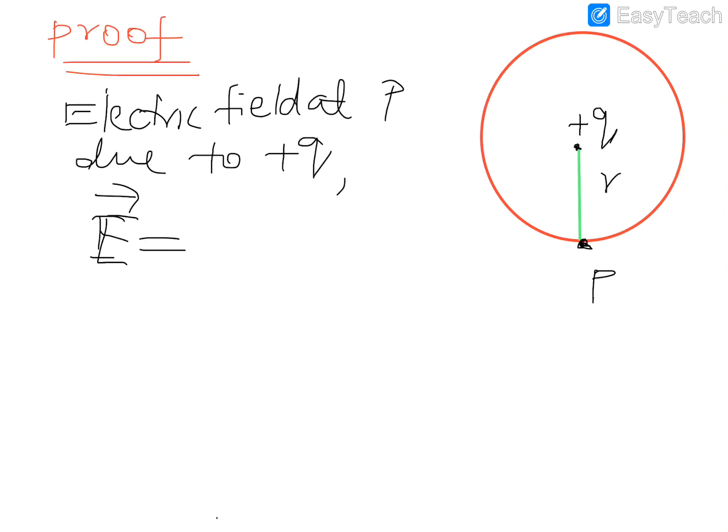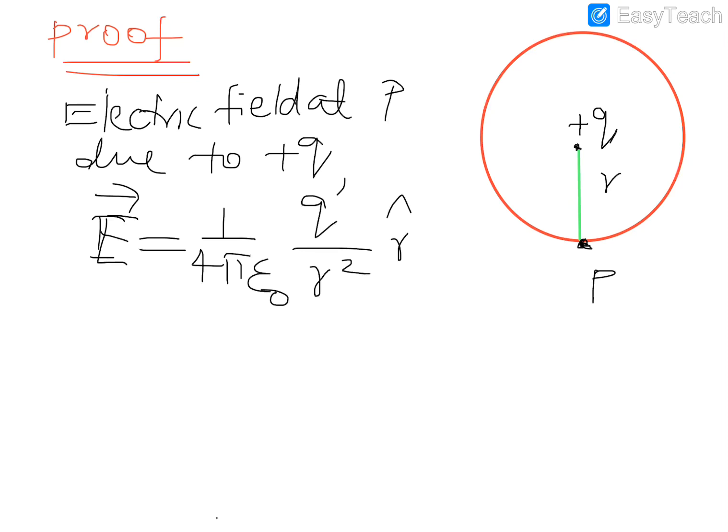E vector is equal to 1 by 4 pi epsilon 0 Q by, because Q is the charge, distance square is r square into r cap. If the unit vector along that direction is r cap, then this is the equation, 1 by 4 pi epsilon 0 Q by r square into r cap.